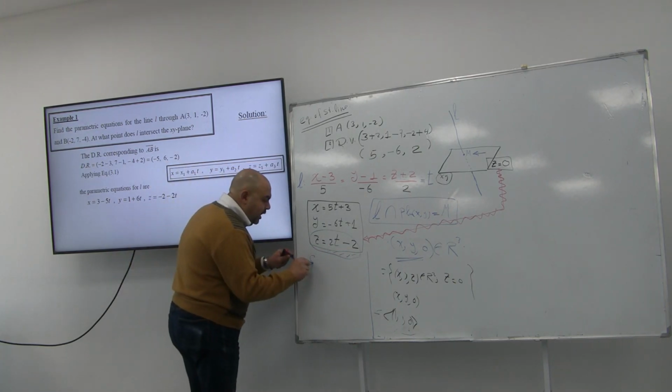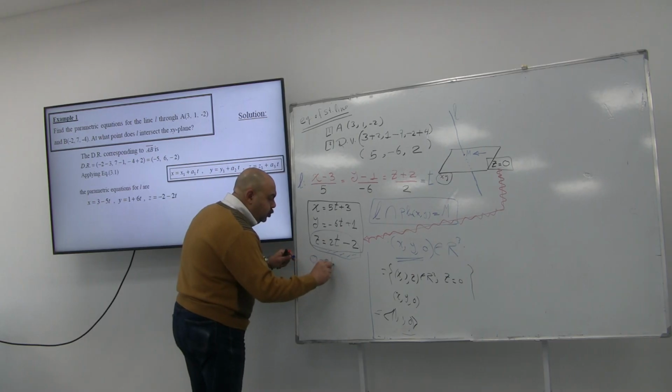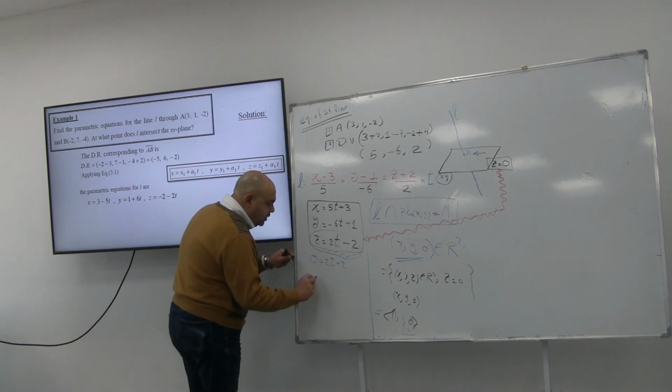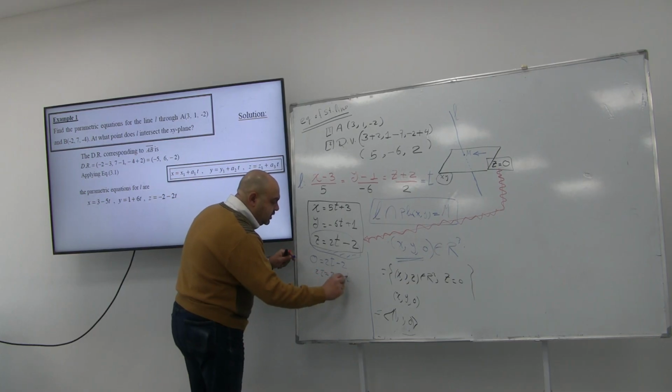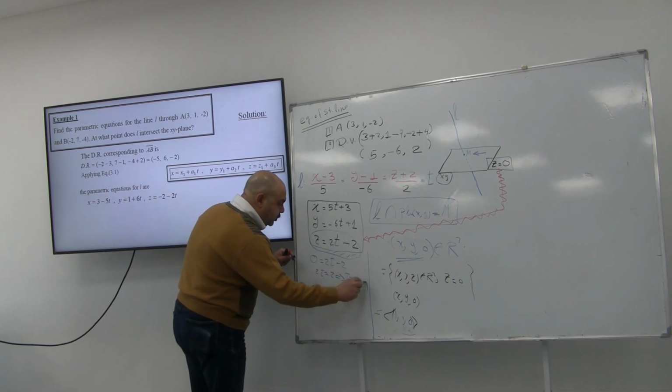So it's going to be 0 equal to 2 minus 2t, which leads to 2t equal 2, so t equal to positive 1.